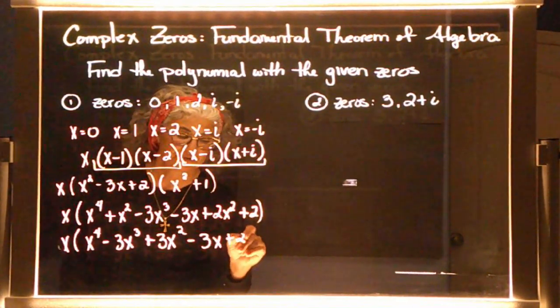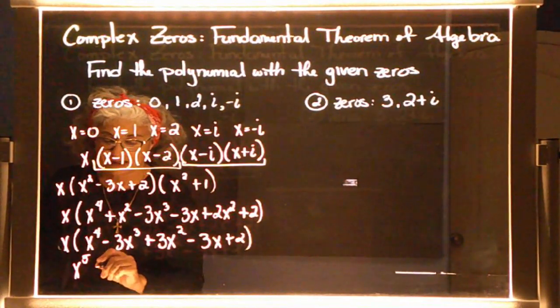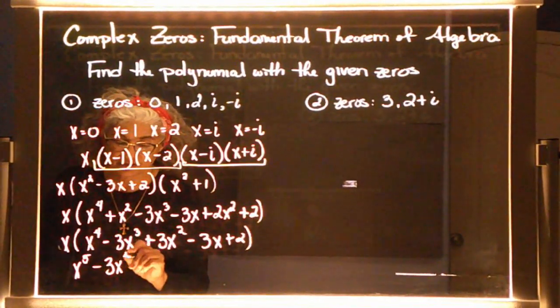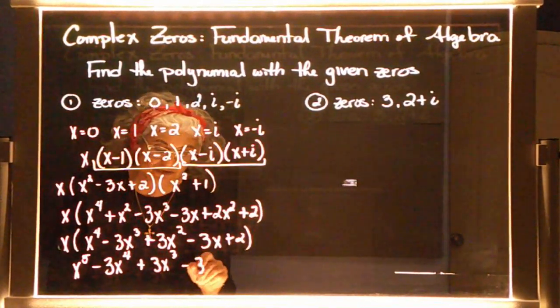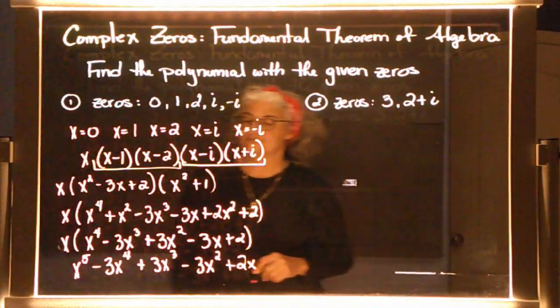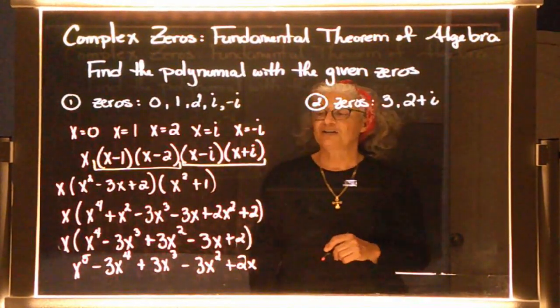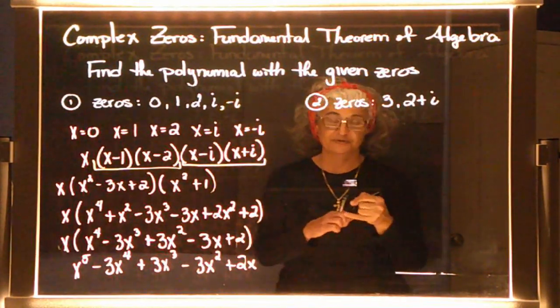And then a positive 2. And then last but not least, that solo x is going to get distributed through. And when it gets distributed through, here is my 5th degree polynomial. Cool? All right. So the key here is understanding that complex numbers travel in pairs.